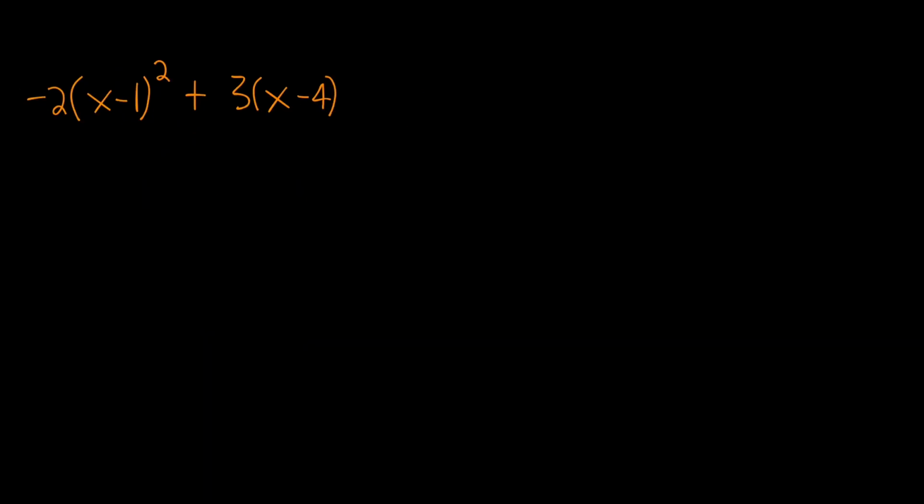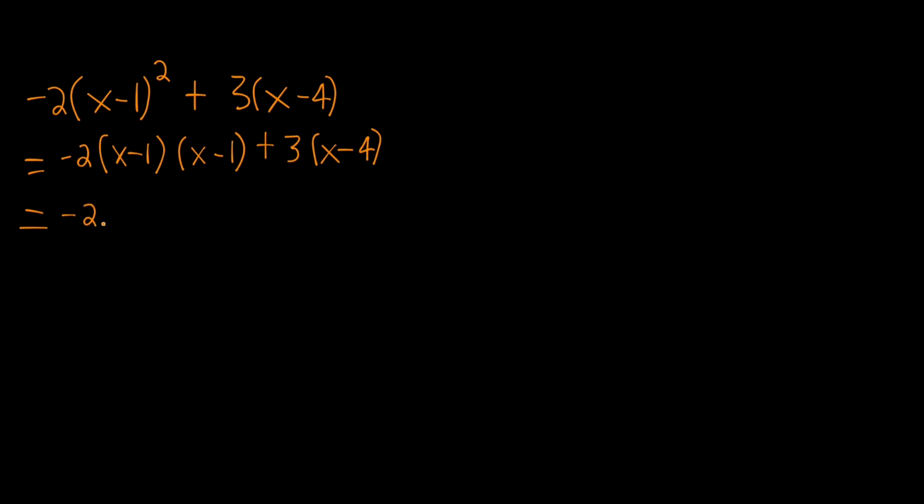Okay, so now we have the following example, which I'm going to work on expanding. So let's start with the (x minus 1) squared component. So that's going to give me negative 2(x minus 1)(x minus 1) plus 3(x minus 4). And we can FOIL the (x minus 1)(x minus 1) from here.